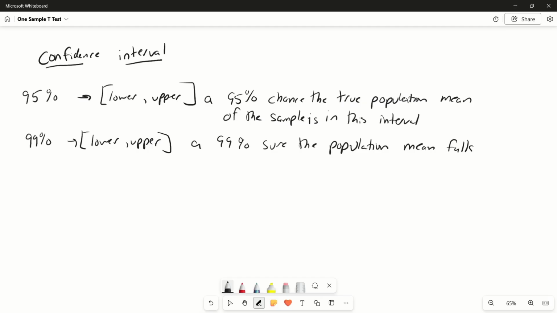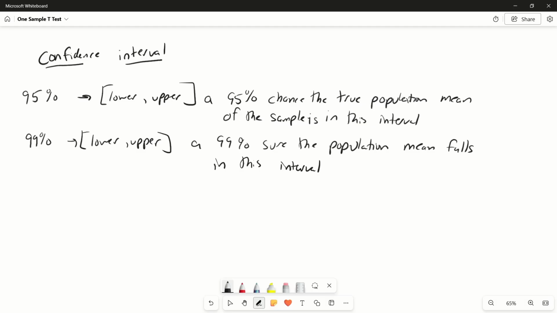So we're not directly comparing a sample mean to a specific population mean. The confidence interval is giving you a range where you would find the actual population mean from which the sample was drawn. Obviously, if you have a 99% interval, the interval is going to be wider than a 95% because you're giving more confidence that the population mean is within the interval.